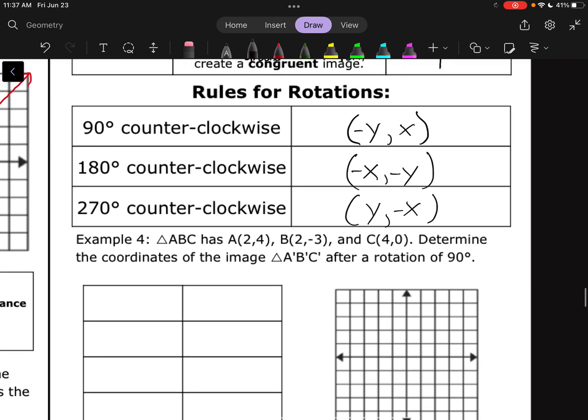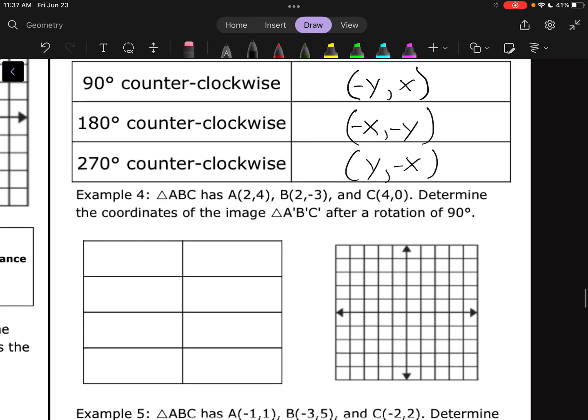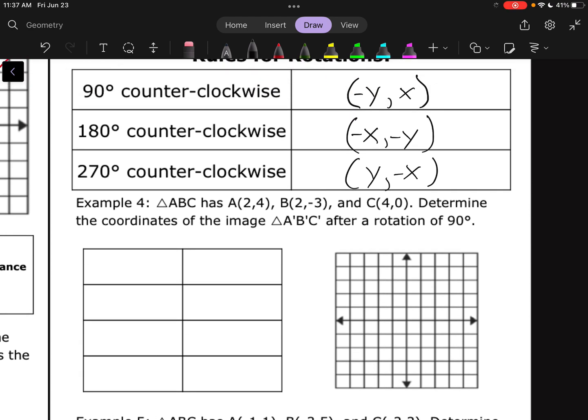Okay, so let's try a few here. Example 4. We've got ABC, A is at (2, 4), B is at (2, -3), and C is at (4, 0).